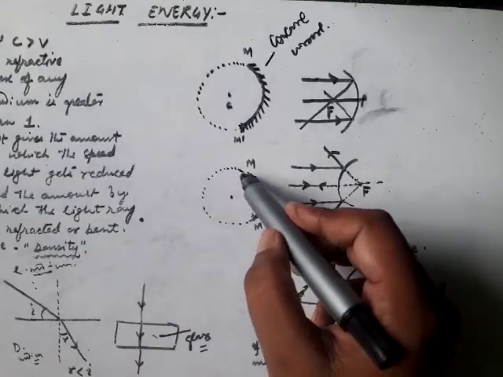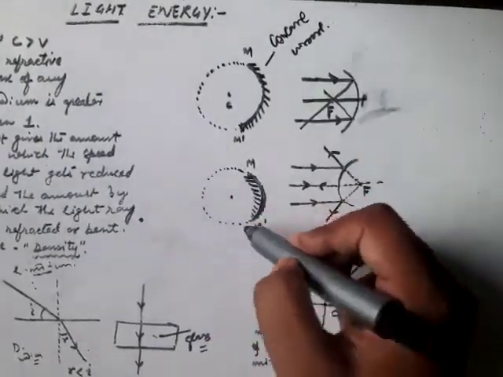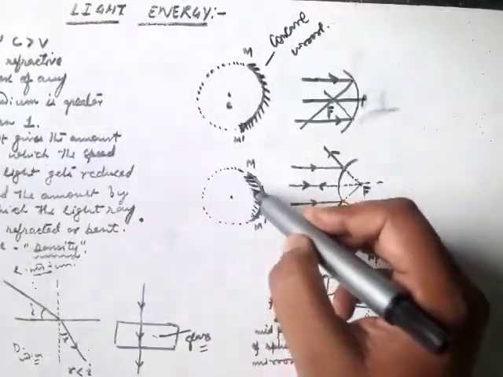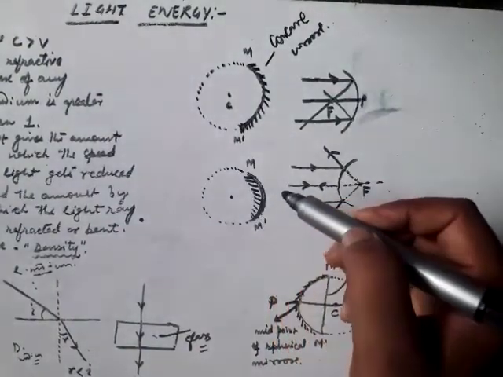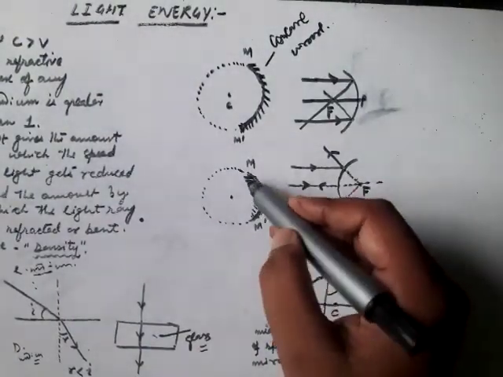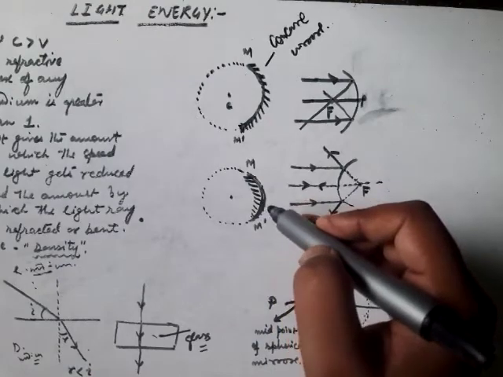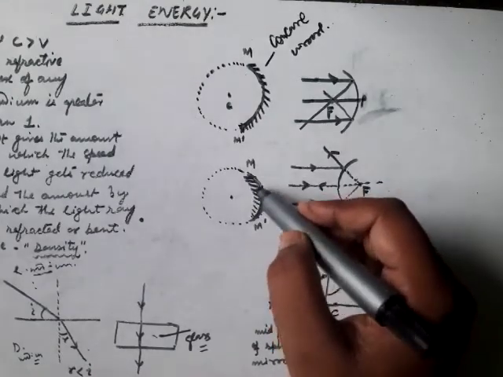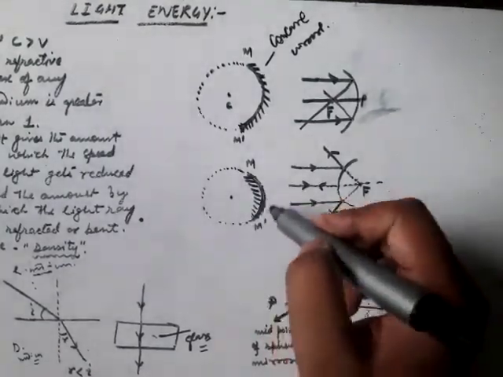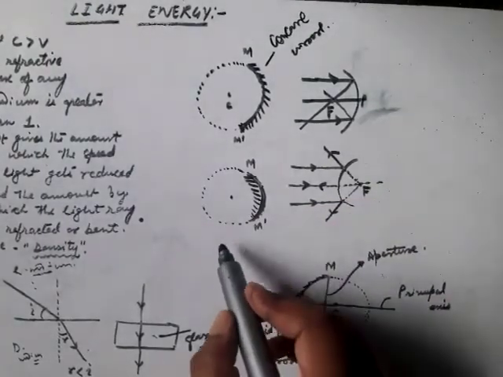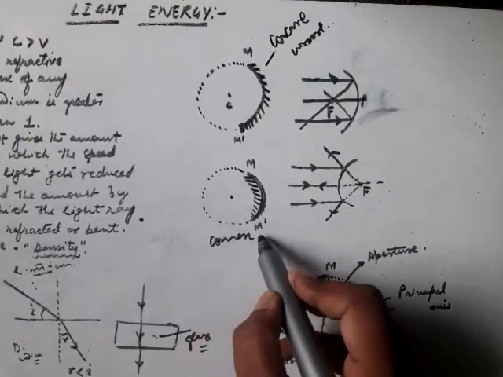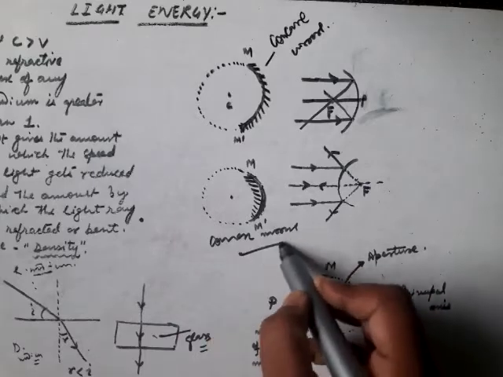And if we take a part of a hollow sphere, and it is painted from the inside, and the reflecting surface is the bulging side, meaning the reflecting surface is outside, then it will always be a convex mirror. So this is the condition.